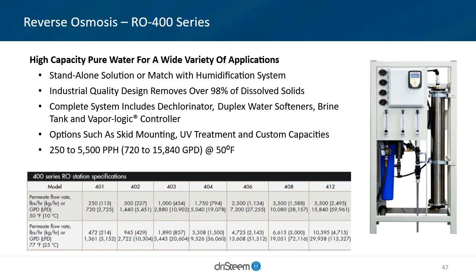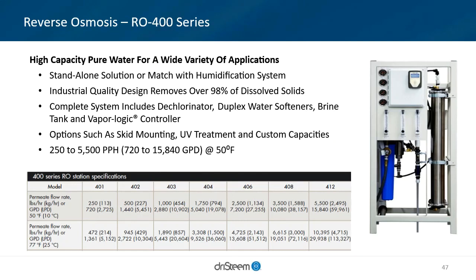The RO system removes 98% of dissolved solids, and a complete system, as depicted earlier, includes dechlorinators, which prevent the membranes from being oxidized by chlorine, which is in city water as a disinfectant, followed by water softeners in our case.